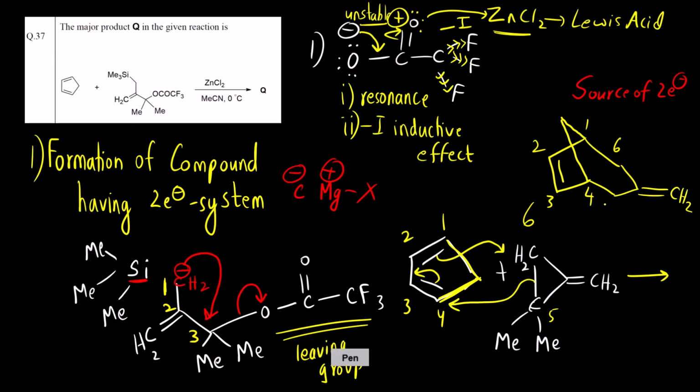At carbon 5 you can see there are 2 methyl groups. So this is the final product. Overall, it is not a 6-membered ring. How many membered ring is it? You can see it is 5, 6 and 7. Just because of this numbering it looks like a 6-membered ring, but it is a total 7-membered ring. So this is going to be the final product.